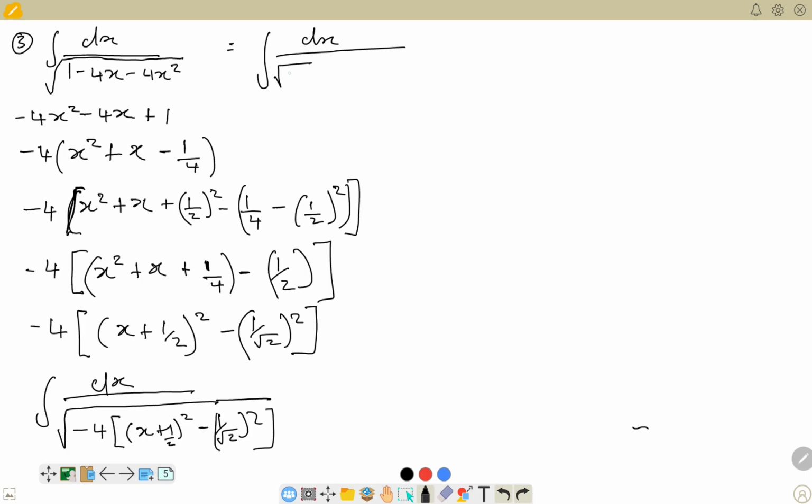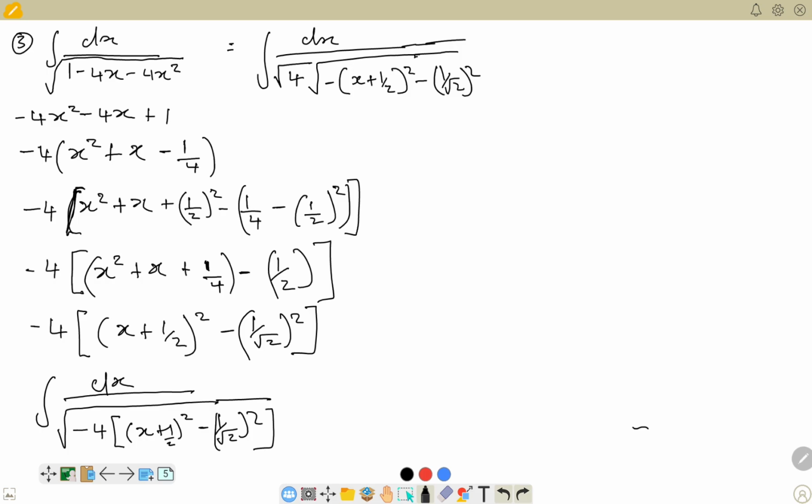So we can actually take out square root of 4 and then leave out negative there. Then we will have x plus 1 square, then 1/√2 all square dx. I've already written it.